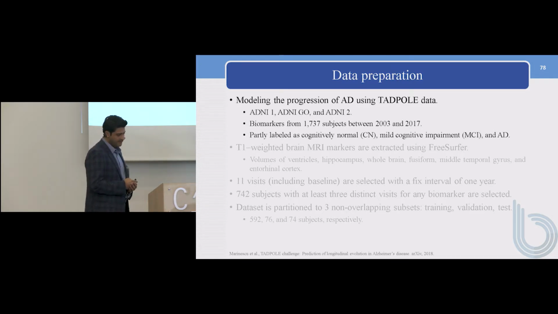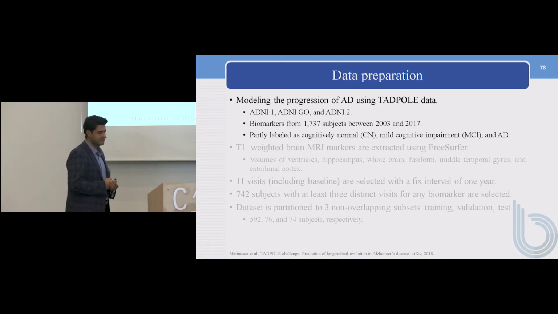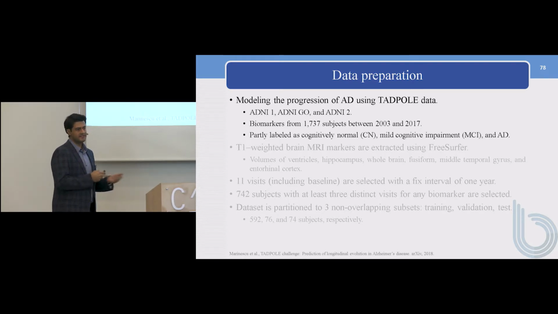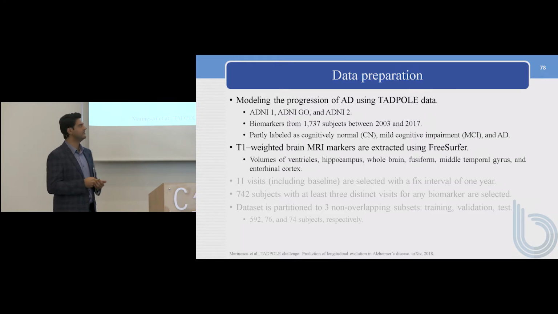So we use this method for modeling the progression of AD using the TADPOLE data challenge, which itself uses 3 phases of ADNI: 1, GO, and 3. The biomarkers are extracted from over 1,700 subjects between 2003 and 2017. The third phase of ADNI is ongoing, and it is only partly labeled to 3 labels.